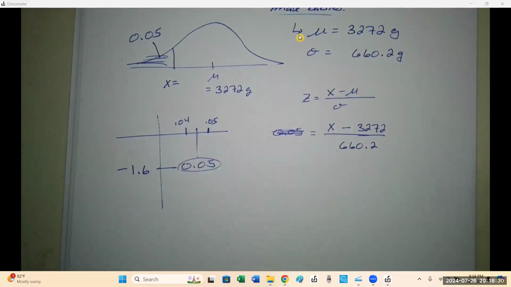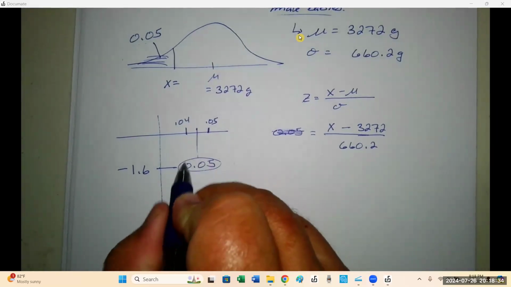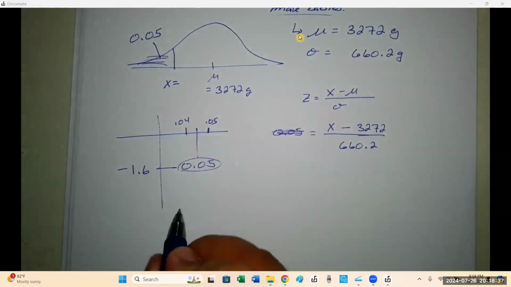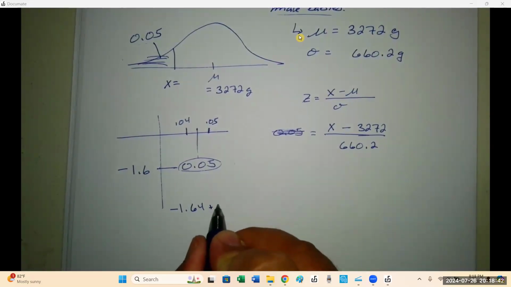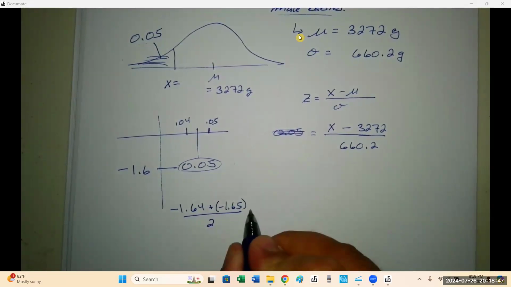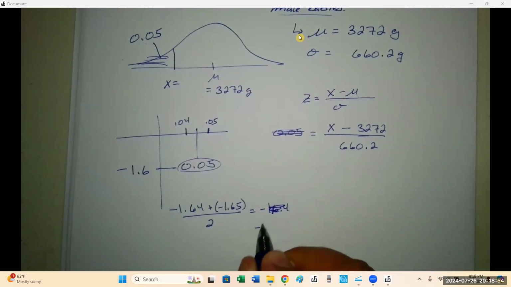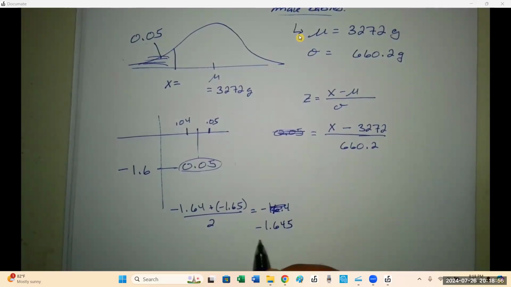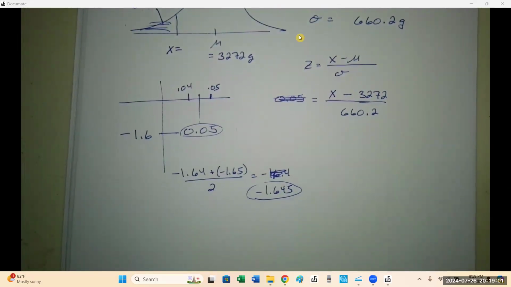Negative 1.6 is to the left. Since this number falls exactly between these two values, we take negative 1.64 plus negative 1.65, add those together, divide by 2, we get negative 1.645. That's the Z value we'll be using, because it's exactly in the middle of the two.